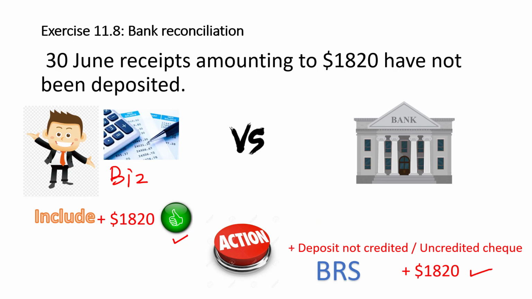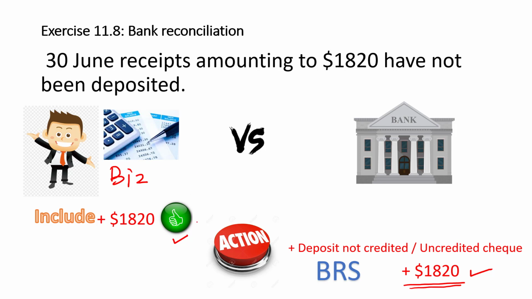So we make a note there. The difference comes from deposit not credited, or uncredited deposit. So we put it here at 1,820. I repeat again, in our record, we already recorded the 1,820 receipt that we received on 30th June.